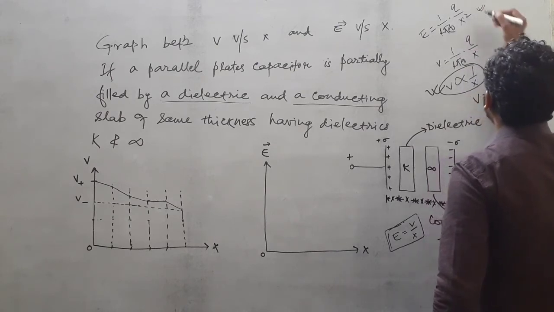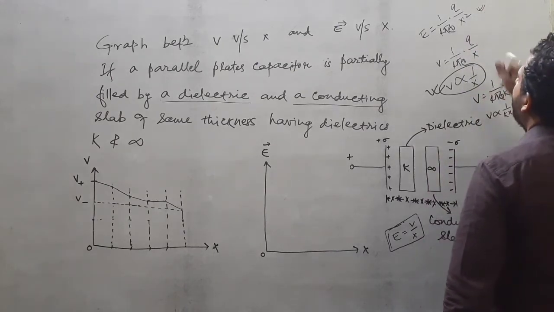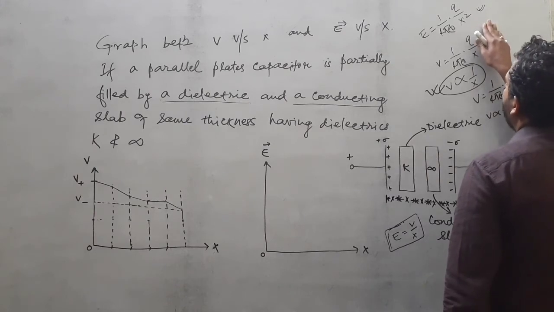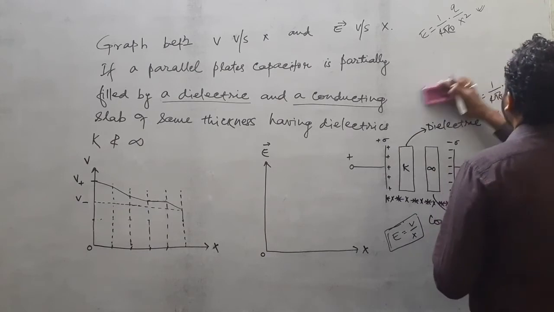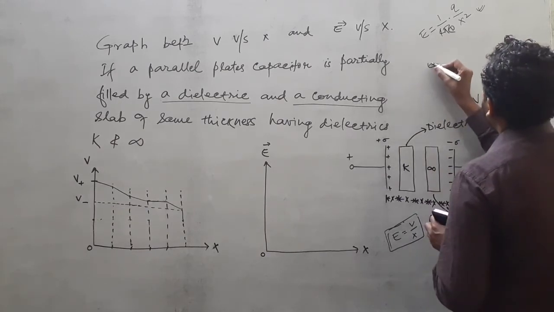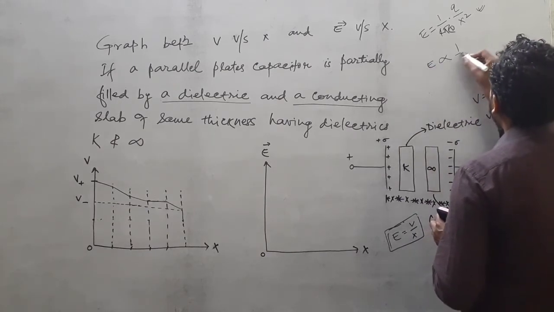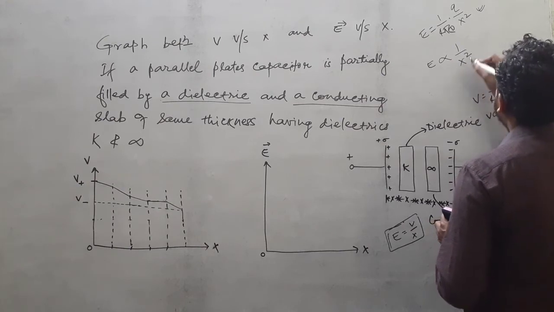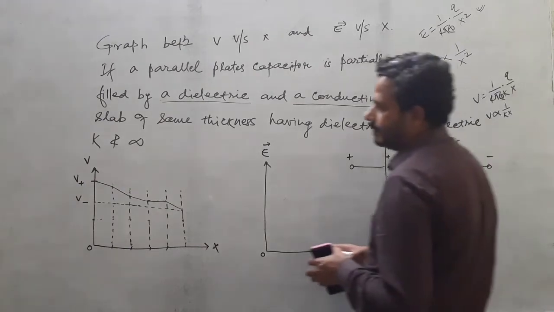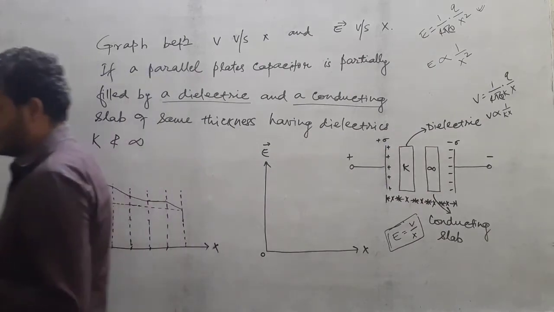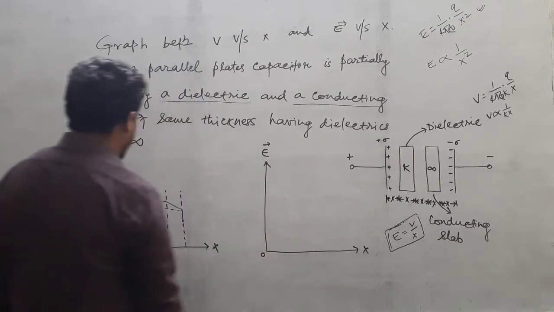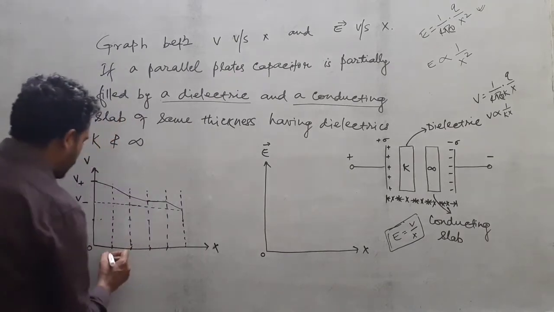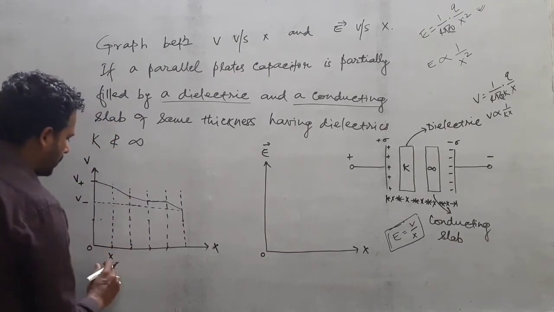So use this relation. From here what you will get is that your field lines vary inversely proportional to the square of the separation, like that, there is an x from origin.